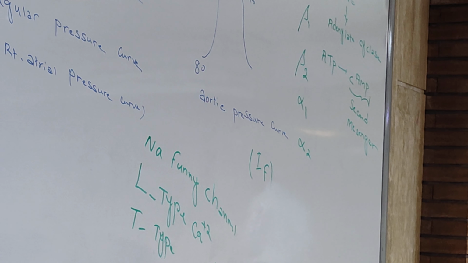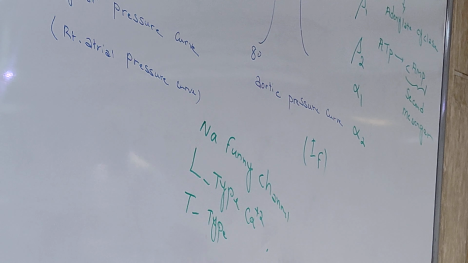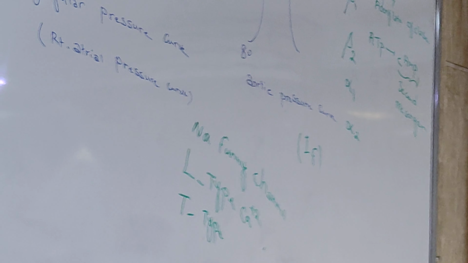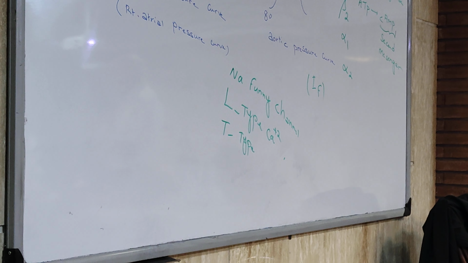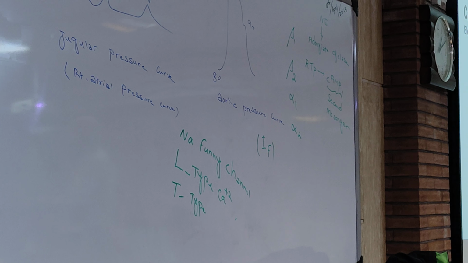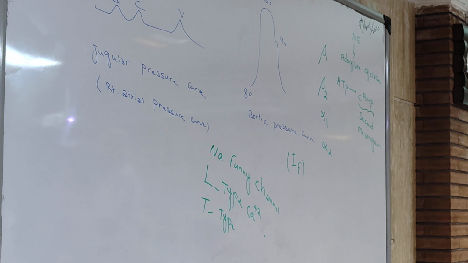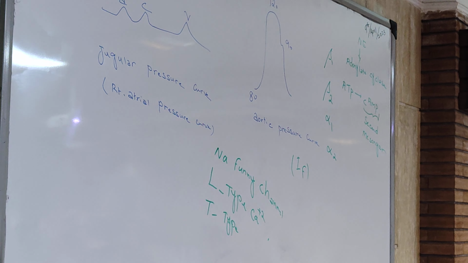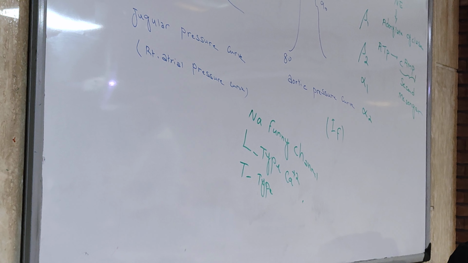Now please can you repeat, you said at the sympathetic nerve endings? At the sympathetic nerve endings, you have some varicosities, some vesicles in which noradrenaline is stored. When an impulse reaches the nerve endings, these vesicles will be ruptured.